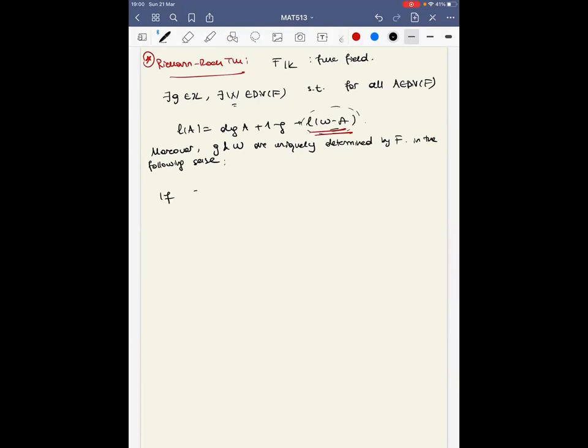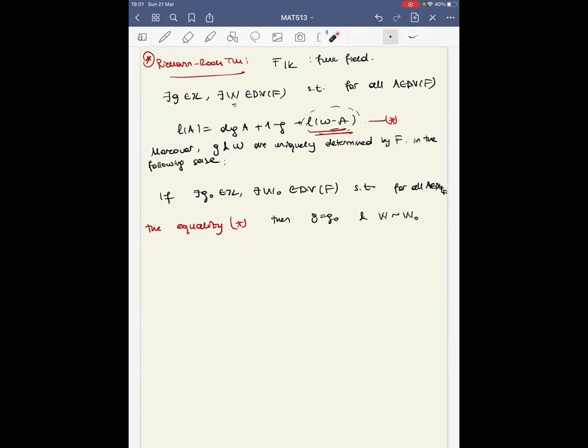If there exists another integer G0 and divisor W0 such that, again, for all divisors A we get the equality in star, then G is equal to G0 and the divisor W is equivalent to the divisor W0.